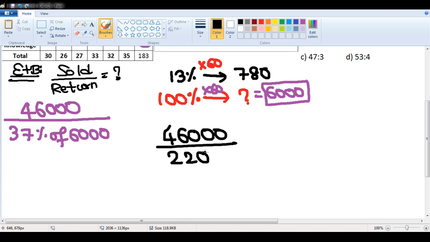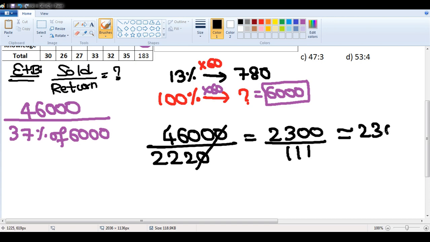They are asking you the approximate ratio. Approximate ratio is 2300 by 111. If I take it as 2300 by 222, sorry, this 222, or if I take 112 for rather approximate, 56 into 2 is 112, 56 into 41 is approximately 2300.